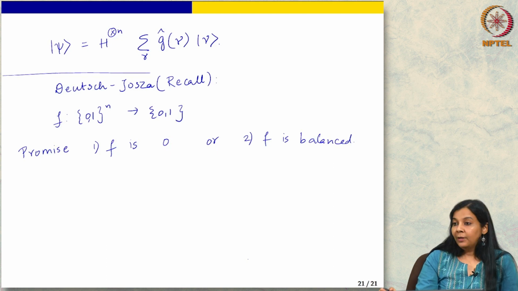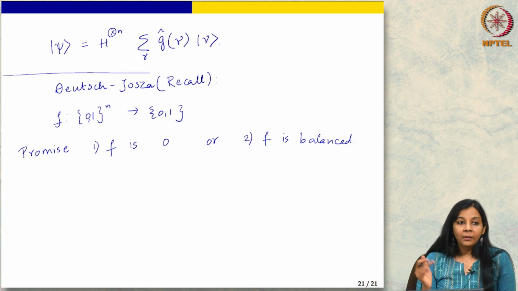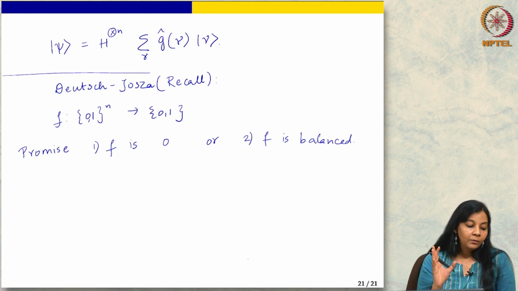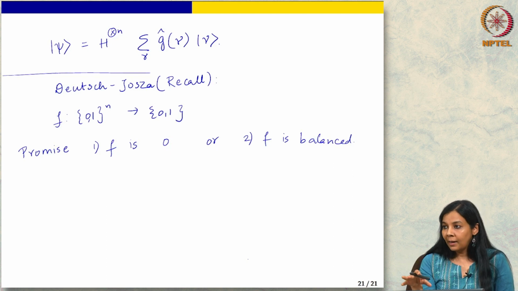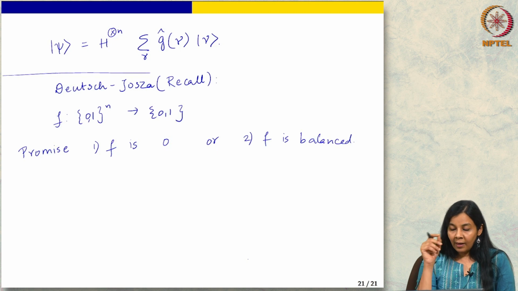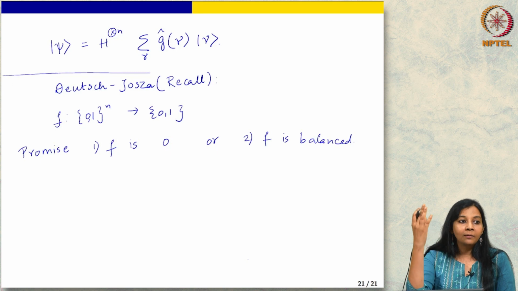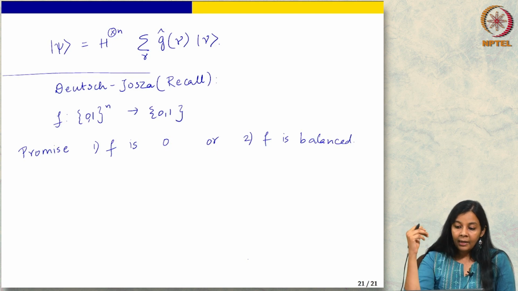Does anyone remember the algorithm? It was actually one of the cleanest examples of rotate, compute, rotate, right. So, we took 0 to the n, we applied H to the n to it, and then we applied the function. And which function? There are multiple ways of computing a function. We used the phase kickback idea, right, where you encode the function output in the phase, so in minus 1 to the f of x.